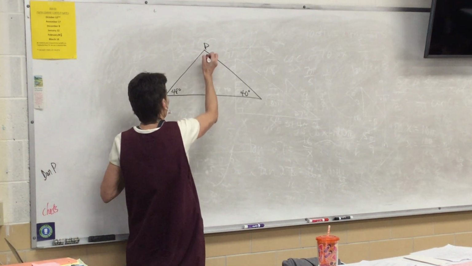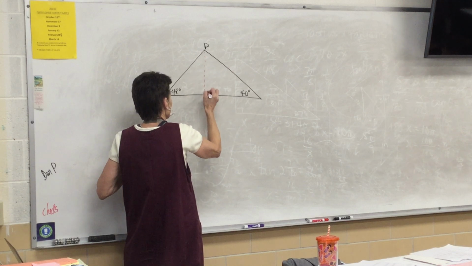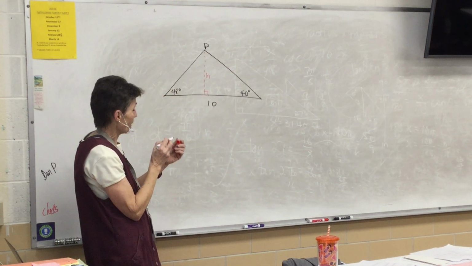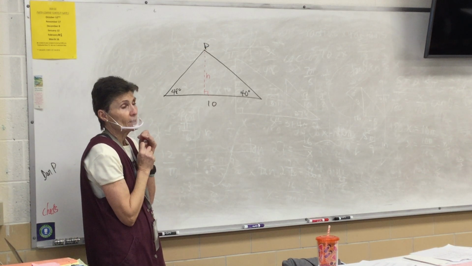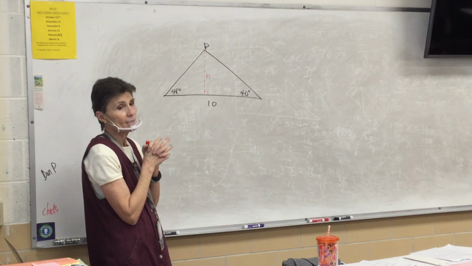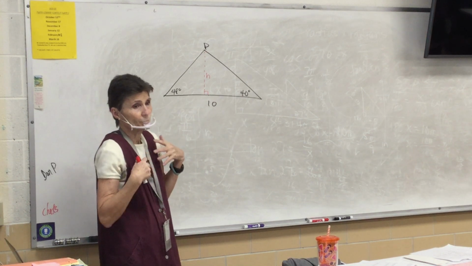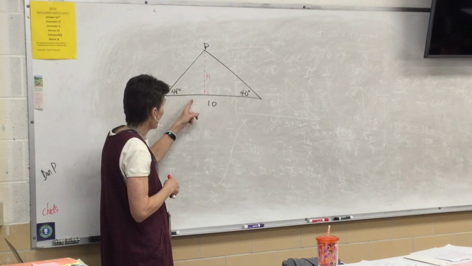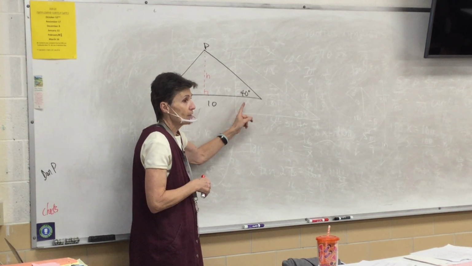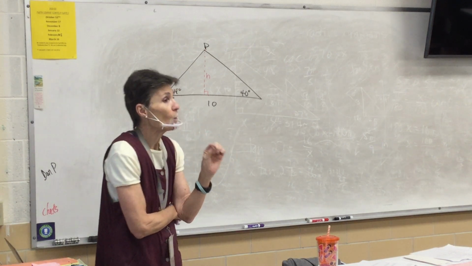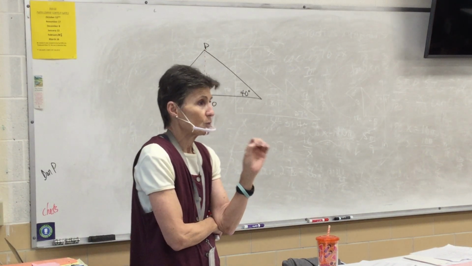I'll call that H. Now, we need to be very careful about something, because our natural inclination is to say, okay, this is 5 and this is 5. But that is not the case, is it? How do I know absolutely 100% that those are not equal?